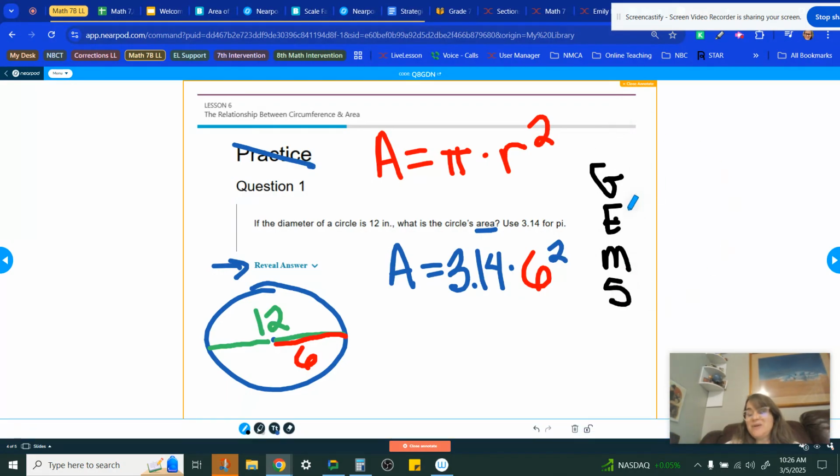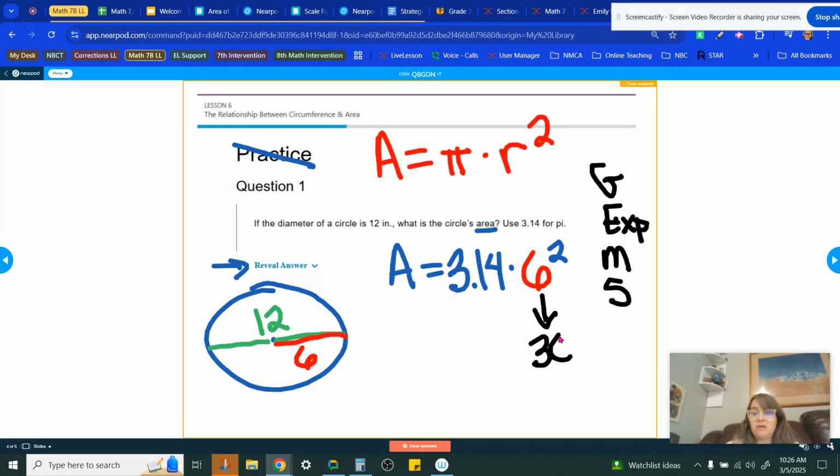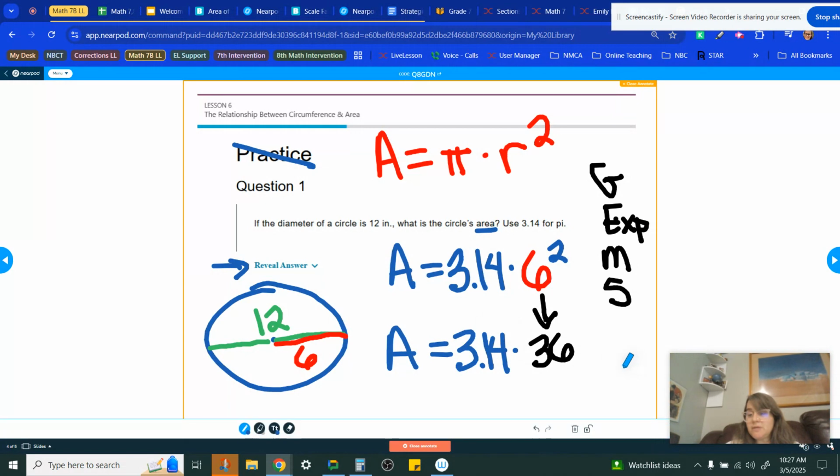Okay, and so the E is for exponents. That means I have to do this first. 6 to the second power means 6 times 6. Okay, so this is 36. That's what I do first. Now the area is going to be 3.14 times 36.